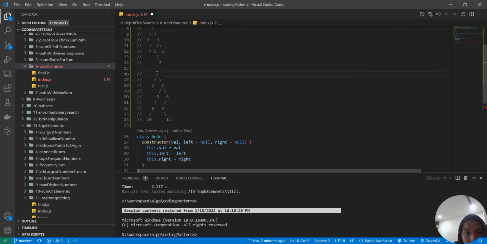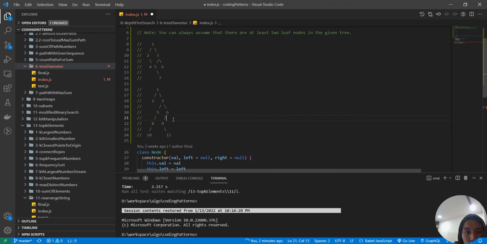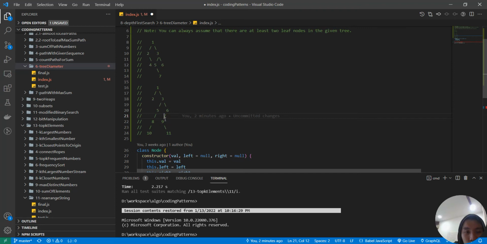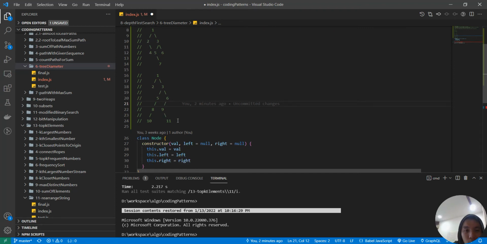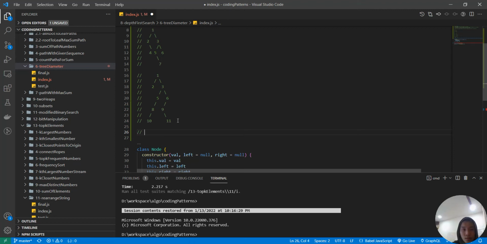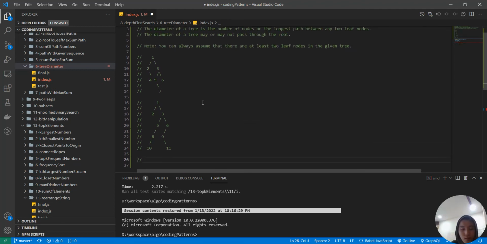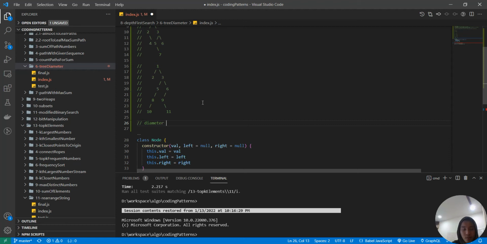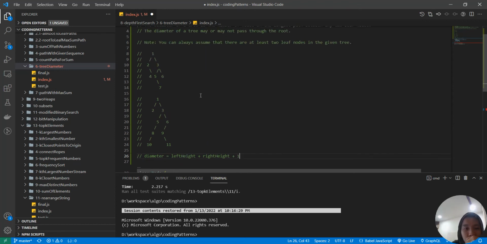But in this example, okay, let's write down: the diameter could be either left height plus right height plus one, right?